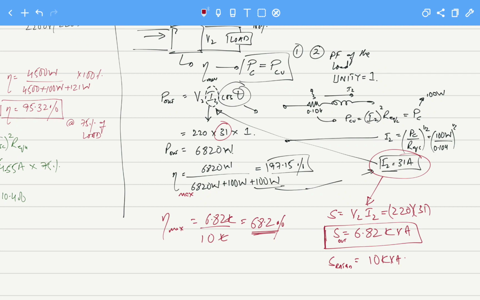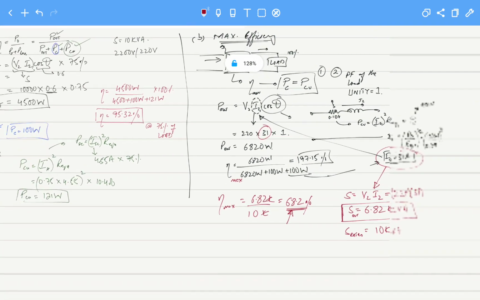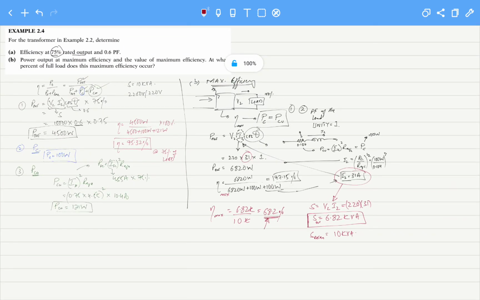So if we adjust the load to be around 70%, 68%, then our transformer will have minimum losses as compared to if the transformer is run at 100%. So this was the reason why they have made you solve this exercise.